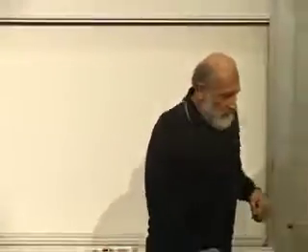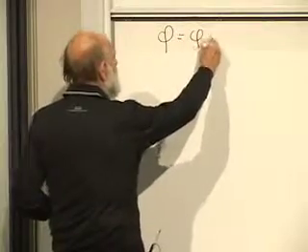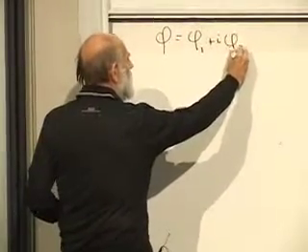Now, a complex field, on one level, can be just thought of as a pair of real fields. Just for some reason, there are two fields in our problem. They're very similar to each other. They have very similar properties, and we just call them phi 1 and phi 2. Or we group them together, and possibly just for some notational convenience, we write that phi is equal to phi 1 plus i phi 2.